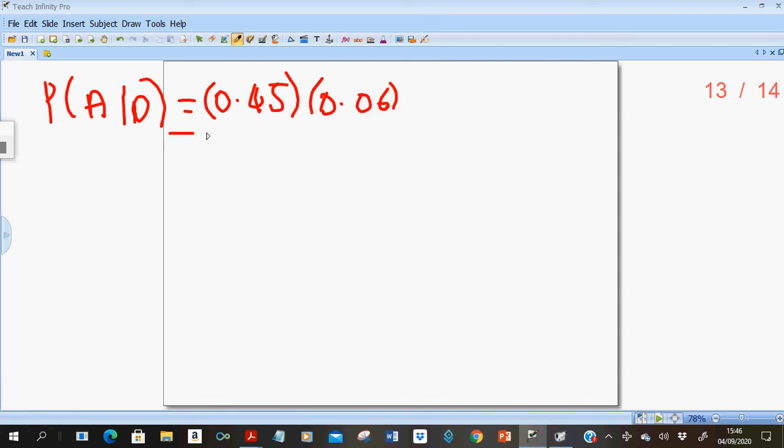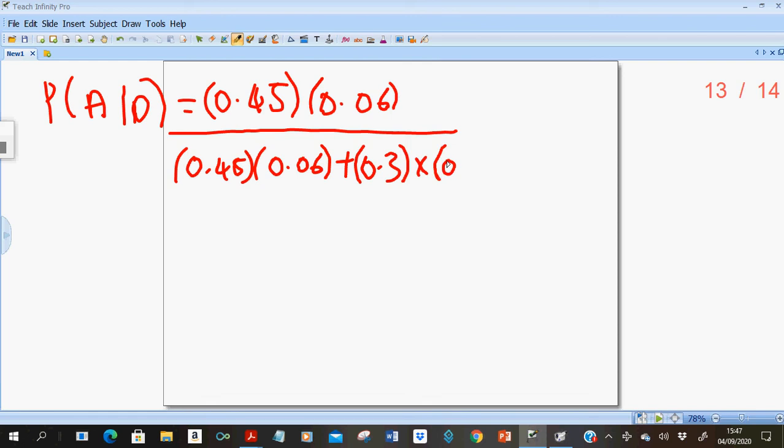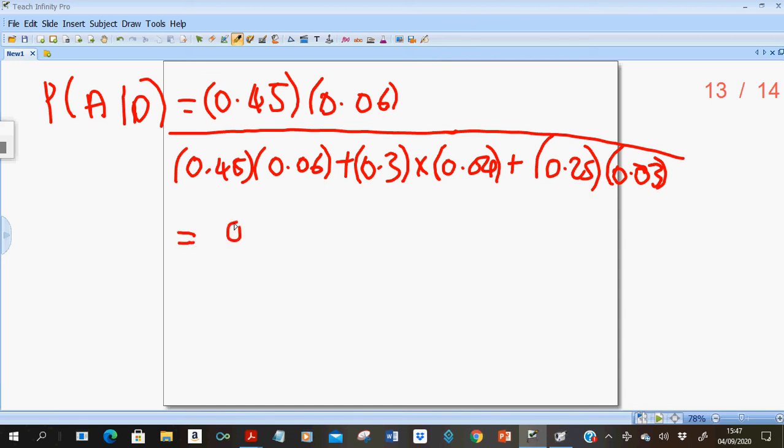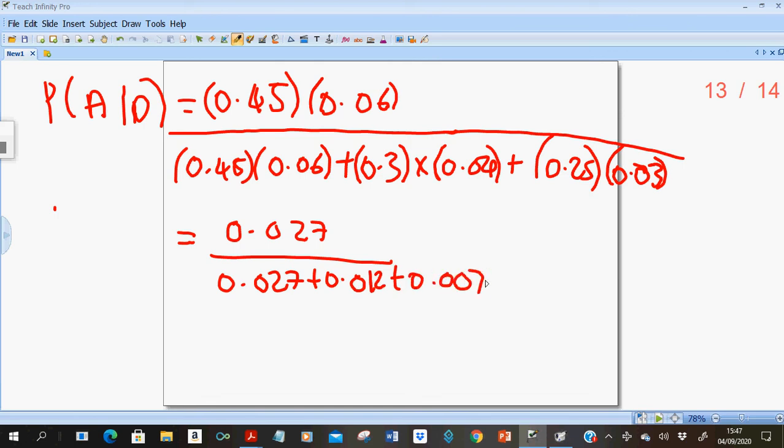Now down there we had the probability of A multiplied by the probability of D given A, plus the probability of B multiplied by the probability of D given B, plus the probability of C multiplied by the probability of D given C. So this gives us 0.027 over 0.027 plus 0.012 plus 0.0075, which is 0.027 over 0.0465, which gives us 0.581.